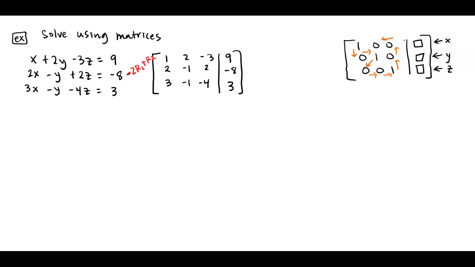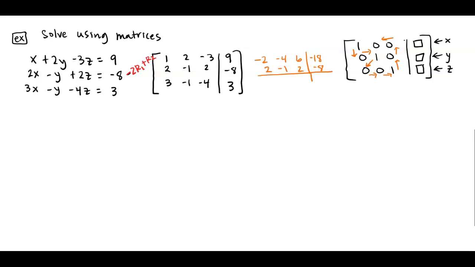So -2 times my top equation is going to give me -2, -4, +6, and then -18. And then I'm going to add that to row 2. So 2, -1, 2, and -8.